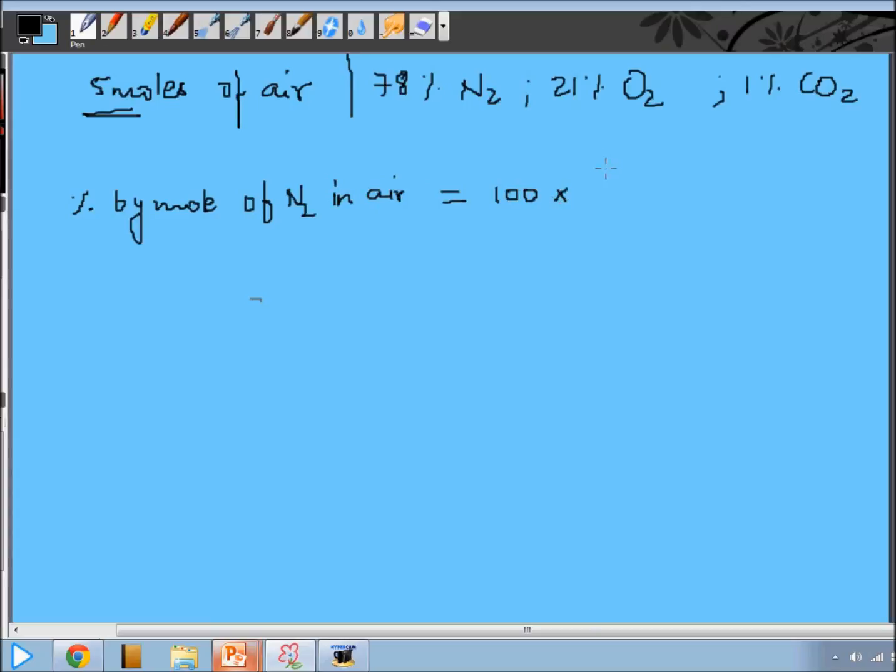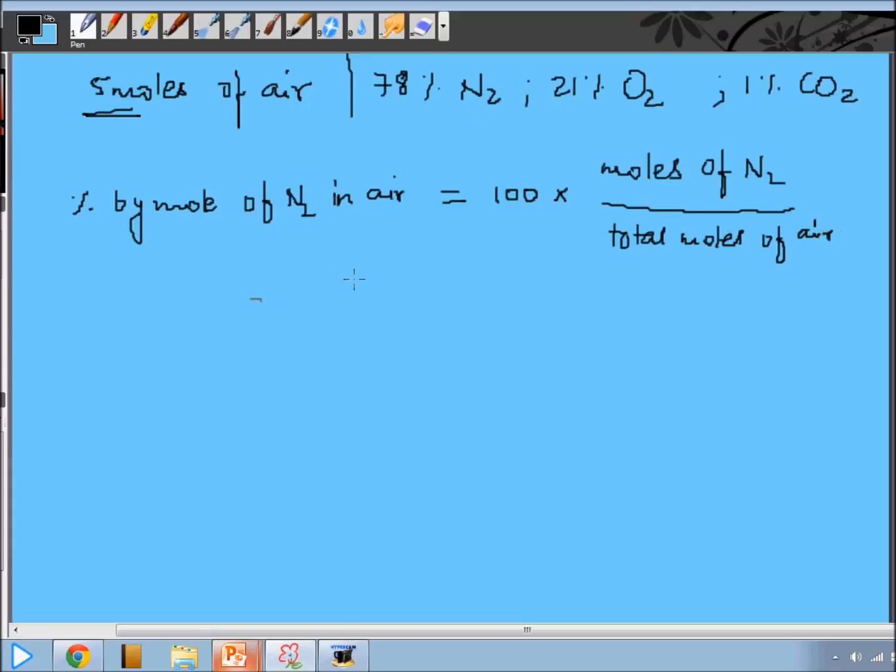What is that fraction? Moles of N2 in your air sample divided by total moles of air.